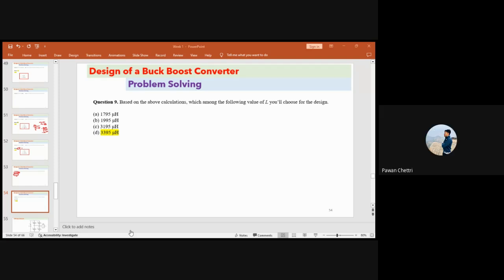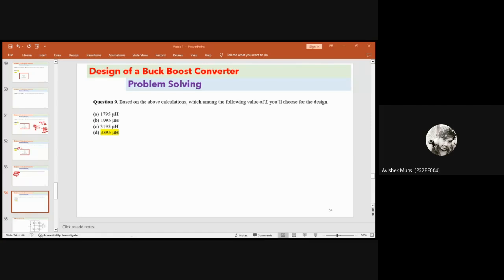It is not a part of the week one agenda. So we have to move into the next converter. As you're asking, you can solve it in that way. It is easier to solve the boost converter then, right?